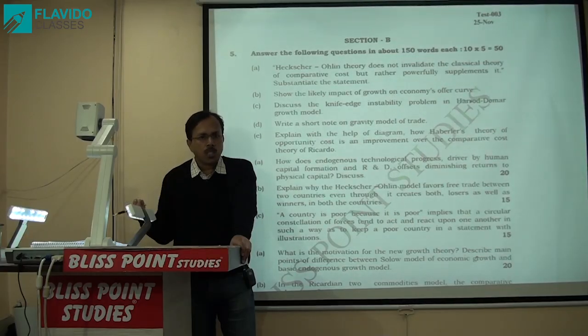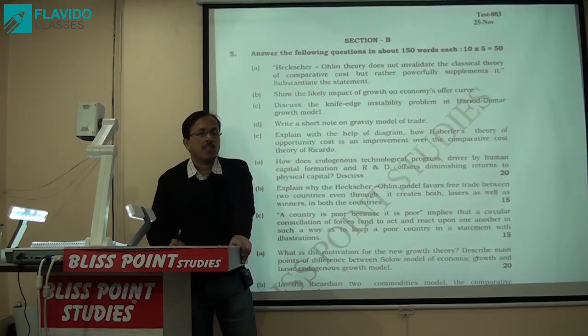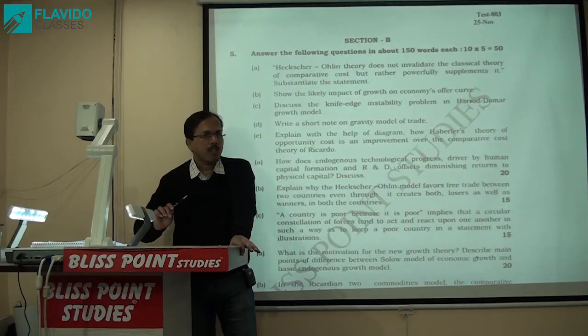HO model also talks about comparative cost advantage, but in the HO model it explains why comparative cost advantage is different between different countries because of difference in resources. But in the Ricardian model it was just based upon the fact that comparative costs are different because of difference in productivity of labor.